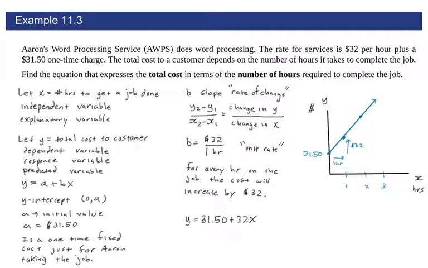So it really doesn't make sense to have a negative x in this case. Although there are times when you could have negative values, typically for money or time, things like that, we won't have that. So notice we're starting at the 31.50 here, and there's no arrow pointing downwards. Okay.